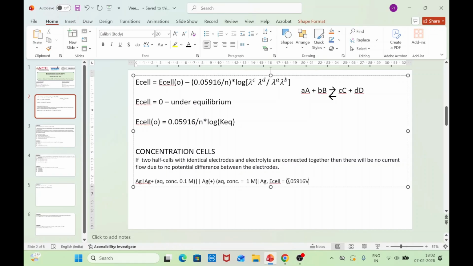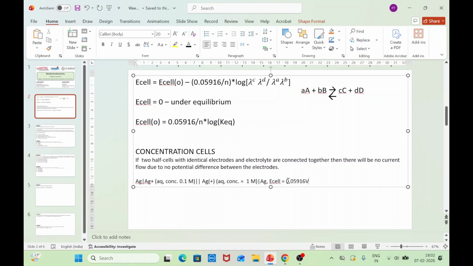Okay, so let's take this typical example itself for our discussion. Let's assume an electrochemical cell where the left hand side and the right hand side of the cell are going to have electrolytes with different concentrations. Everything apart from that is going to remain identical. Only the concentration of the electrolyte is going to vary.